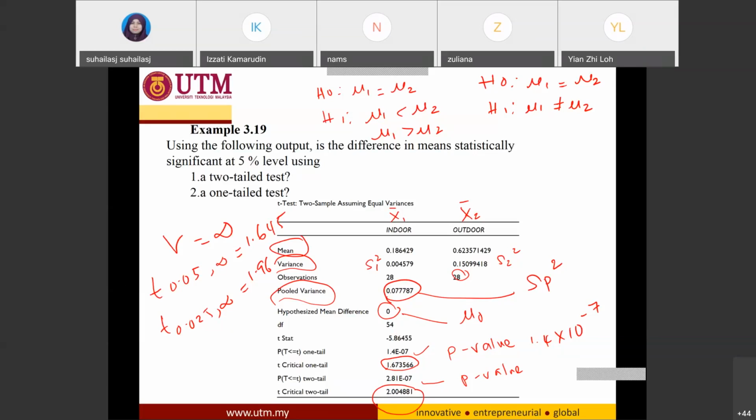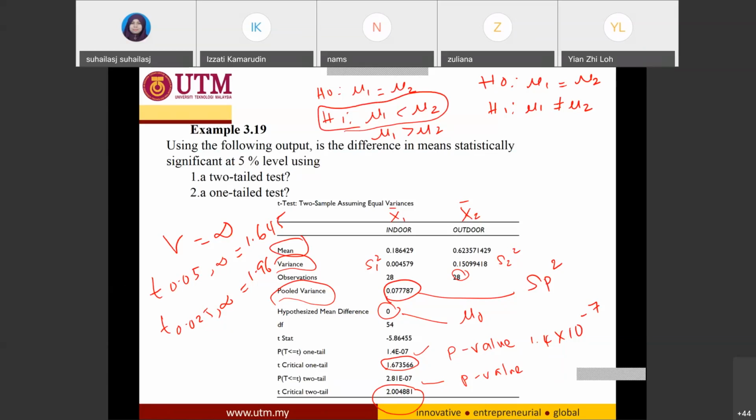This is because our values are simulated. The same thing in your programming: the p-value will be simulated. Based on that value, you can decide whether to reject H0 or fail to reject H0. Say we look at the p-value for the one-tail test. Since our t-stat is a negative value, normally when the t-stat is negative, our alternative is mu1 less than mu2.